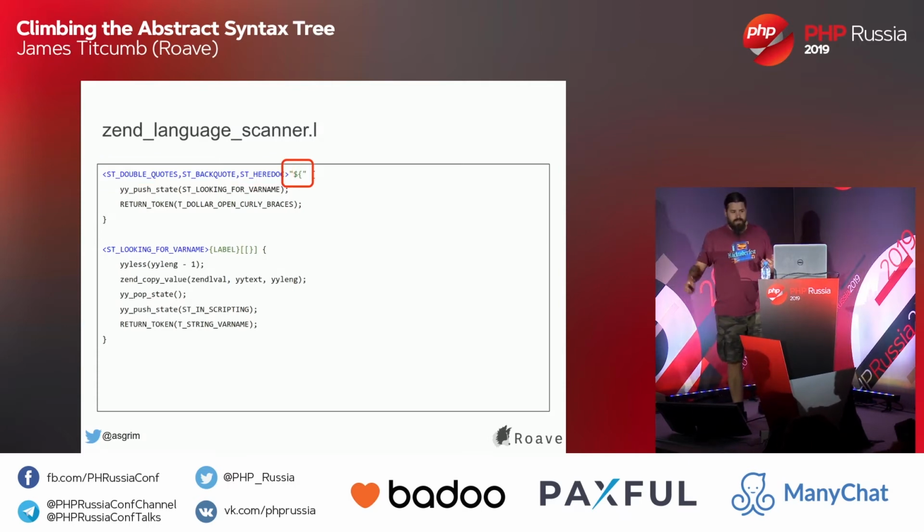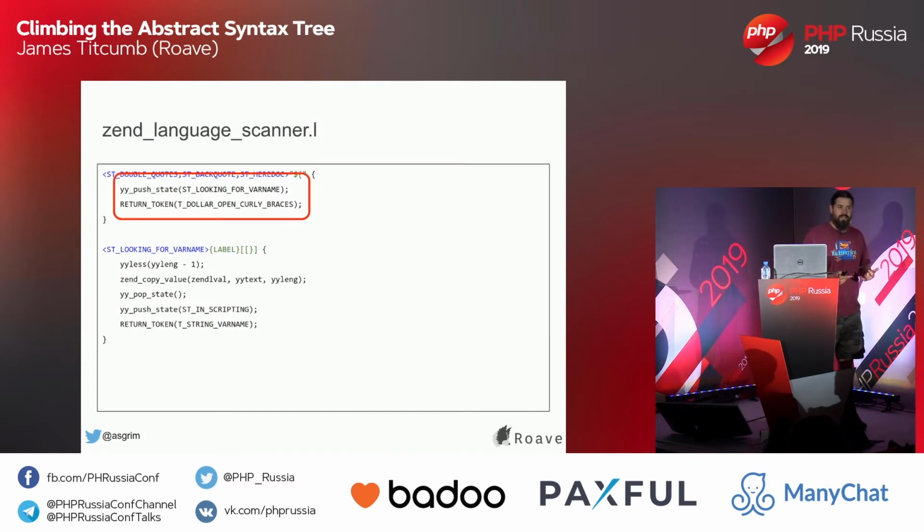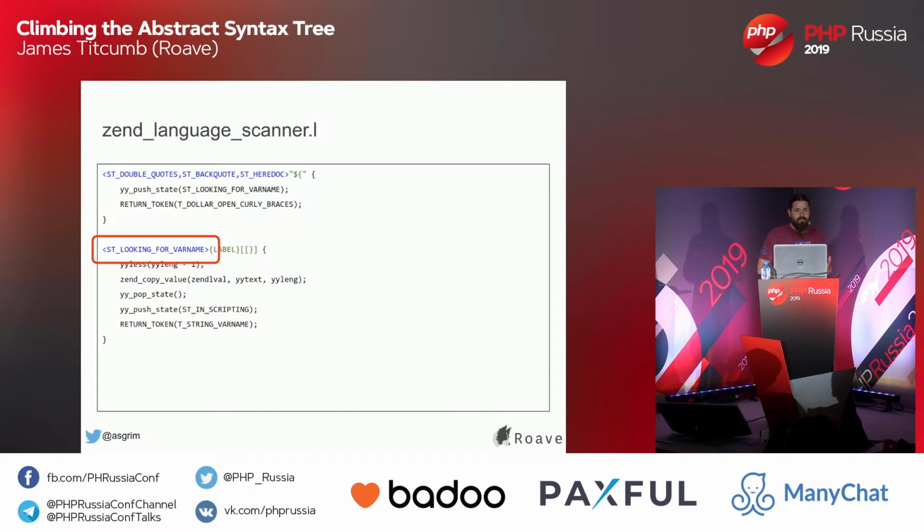When we encounter that token, we're going to change the state. We're going to say, now we're looking for a variable name. And we'll also return the token to the token stream so that we know we've encountered the T_DOLLAR_OPEN_CURLY_BRACES.